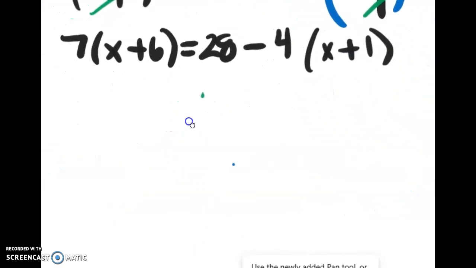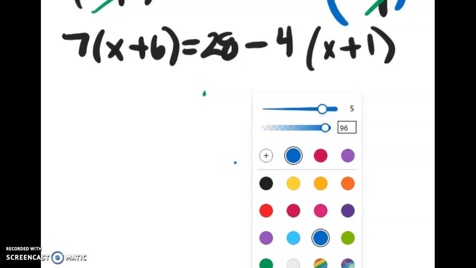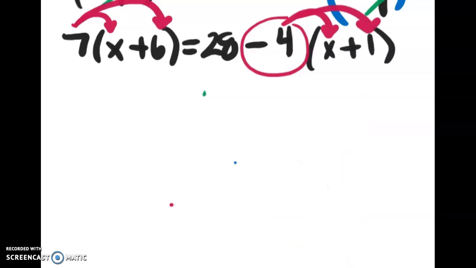This equation is a much easier equation to work with than the equation that had all those denominators. But I do have to remember to distribute the 7 and the negative 4 to these two. And so when I distribute the 7, I will get 7x plus 42.